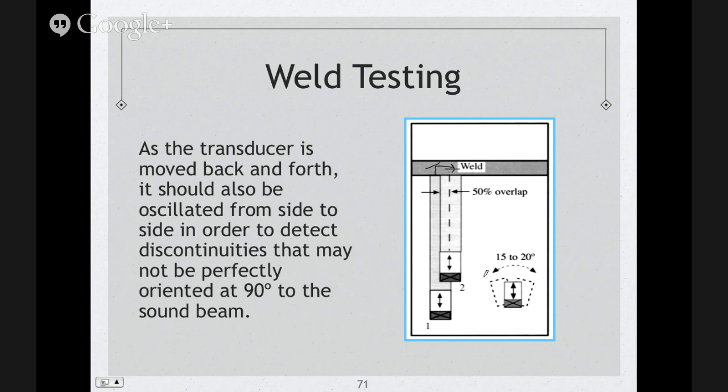But if we oscillate this transducer a little bit to the left, maybe with transducer 2, having a new sound beam, maybe we can get that indication to come back at us at 90 degrees.